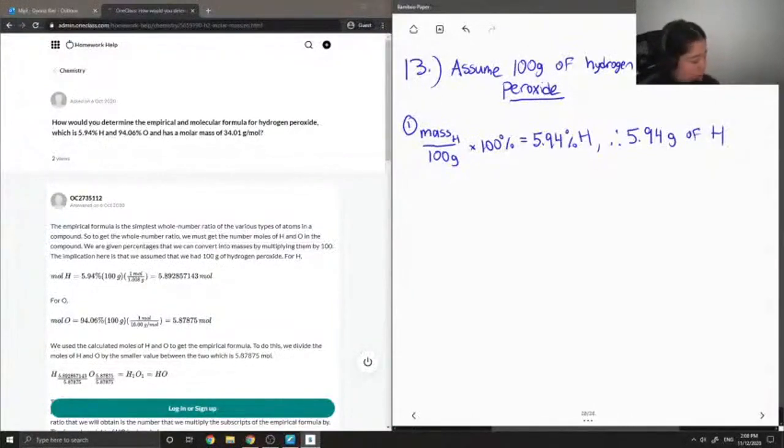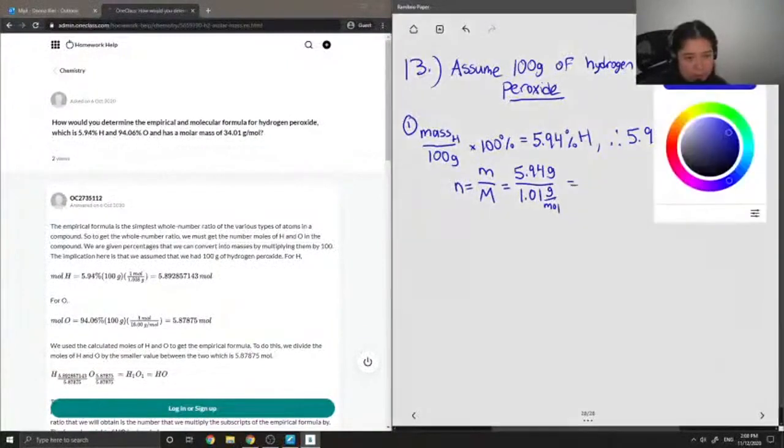So now that I know the mass of hydrogen, I can calculate the number of moles of hydrogen as well. So to do that, number of moles is equal to mass over molar mass. We calculated the mass to be 5.94 grams, and the molar mass of hydrogen is just what you would find on your periodic table, and it's 1.01 grams per mole.